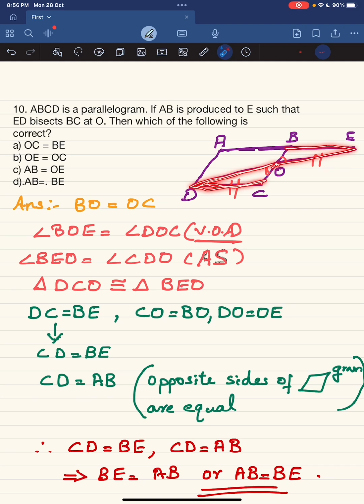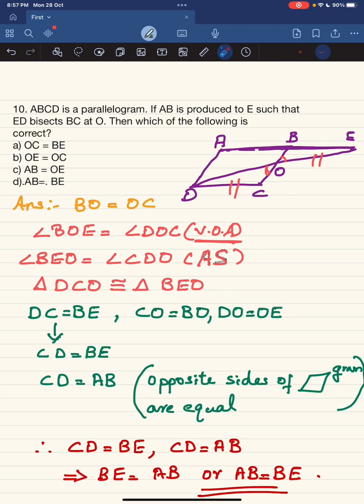By the AS theorem we got angle BEO is equal to angle CDO. So these two triangles are congruent. Okay. So triangle DCO is congruent to triangle BEO.